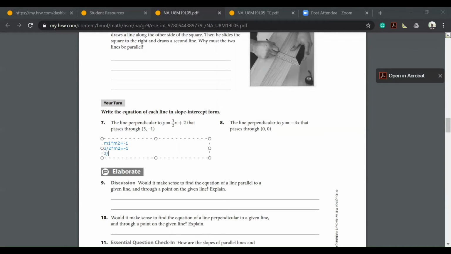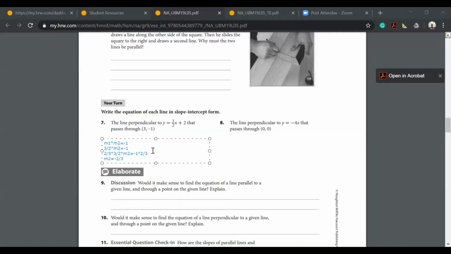It's going to be 2 over 3 multiply 3 over 2, all of this multiply m2 equal to negative 1 multiplied with 2 over 3. Cancel, cancel. So m2 will be exactly equal to negative 2 over 3. I found m2.